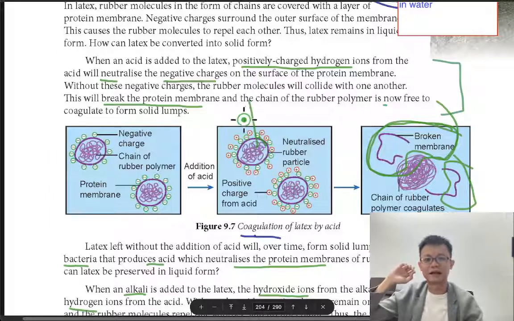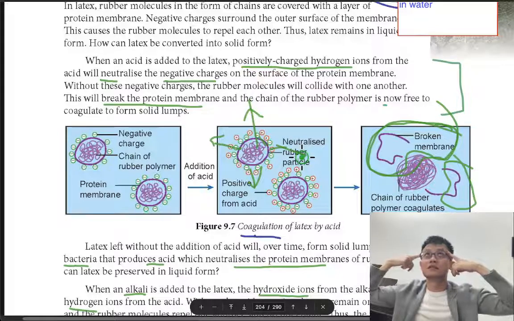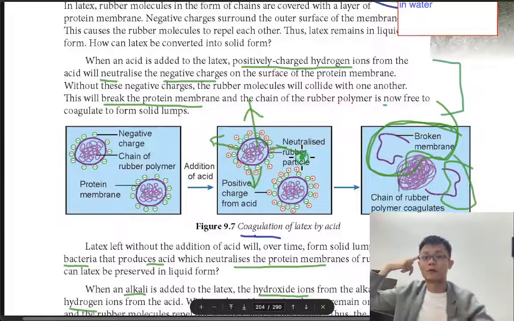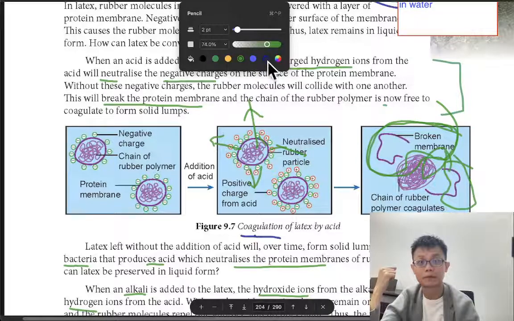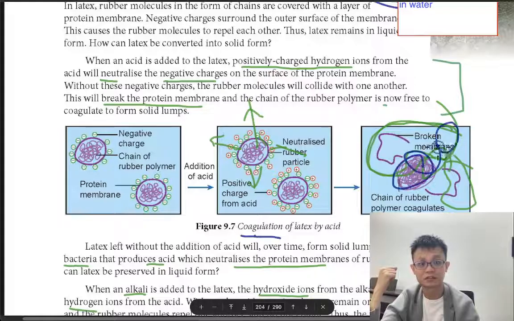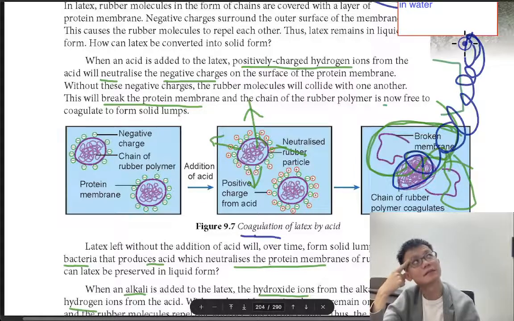You need to imagine, pull this thing out, and the positive pulls the negative out, and then it will form a polymer. For polymer, let's try to draw a polymer. Polymer is like a long chain, so just imagine a long chain in your brain.